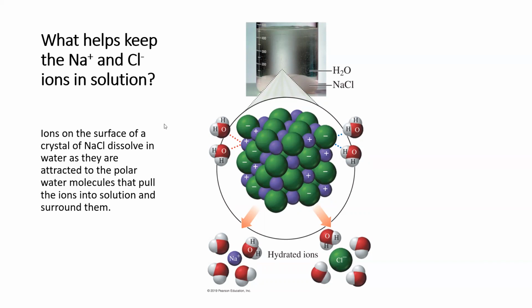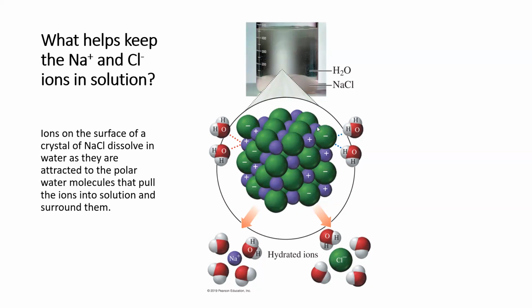You can see that the partially negatively charged side of water, which is near the oxygen atom, is attracted to the positively charged sodium ions. That attraction allows the water to pull this sodium ion away from the crystal. Instead, it's now surrounded by oxygen atoms in the water because, again, that oxygen has a negative charge, the sodium has a positive charge, and they're forming an attraction.